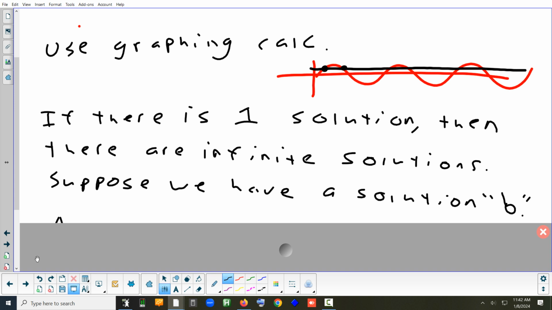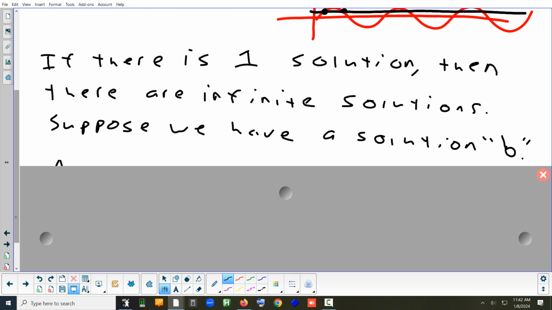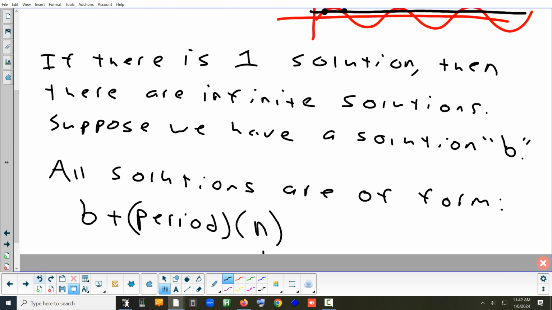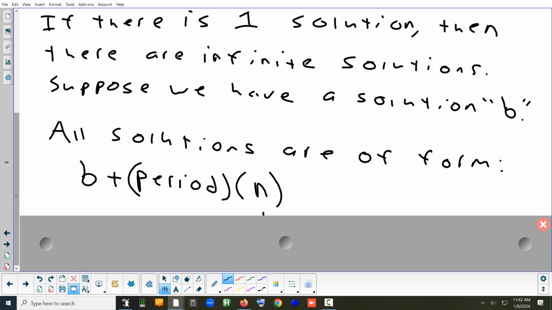So if you can find one solution to a trig equation, then you can find infinitely many. Let's say you use the graphing calculator, you calculate one of the intersection points, and you get B. That answer, B, is going to repeat every period times n.